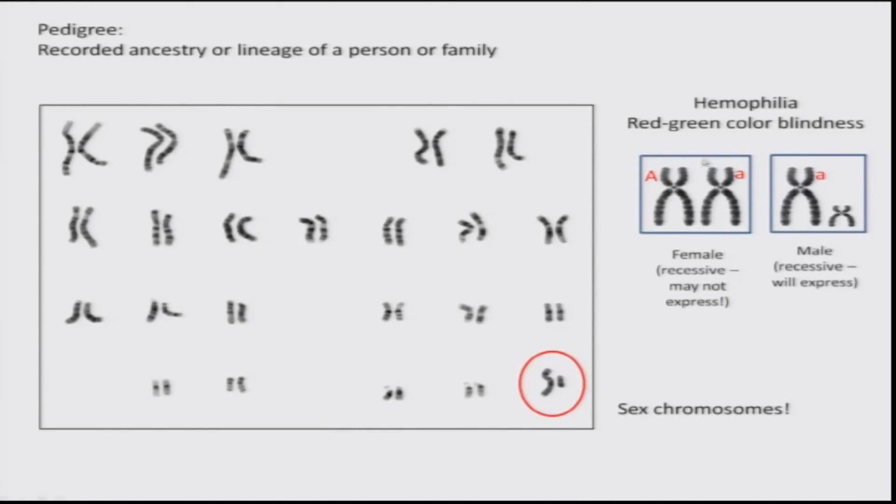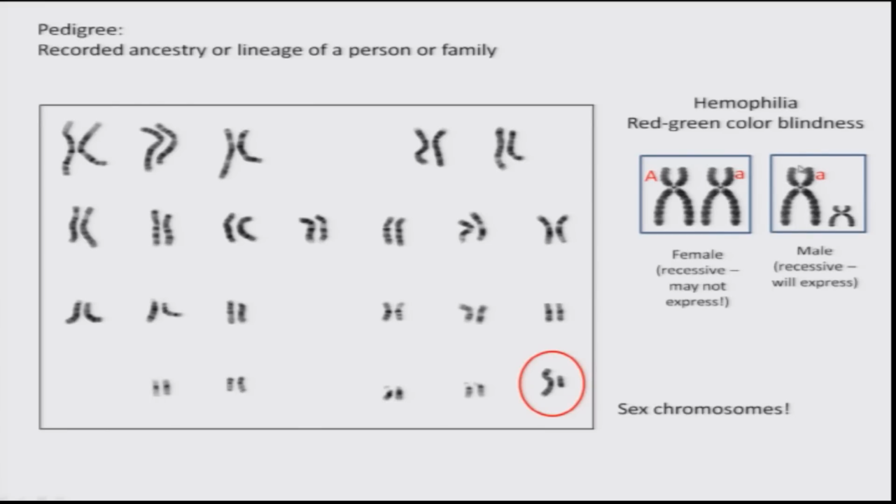In case of female, you may have a condition wherein one X chromosome has a normal, wild type allele, the other one has the mutant allele, and the female may not express the phenotype because she carries a normal allele. But in case of male, because you have only one X chromosome, if that X chromosome carries the mutant allele, invariably the male would express the phenotype even if only one allele is present, right.